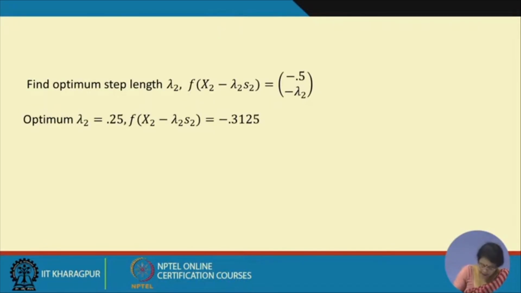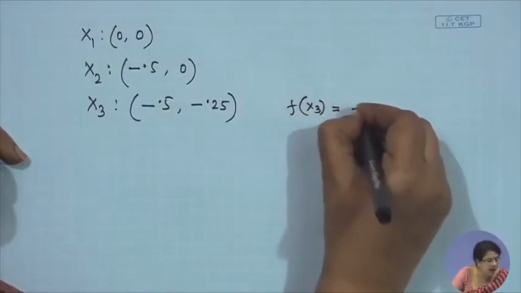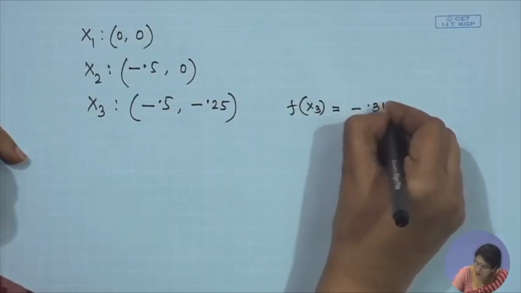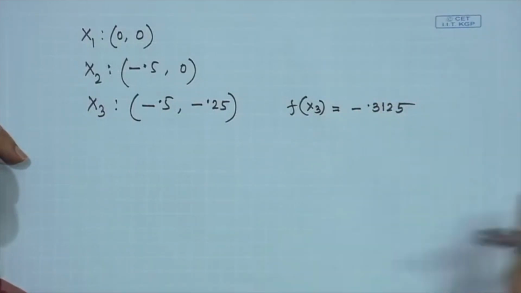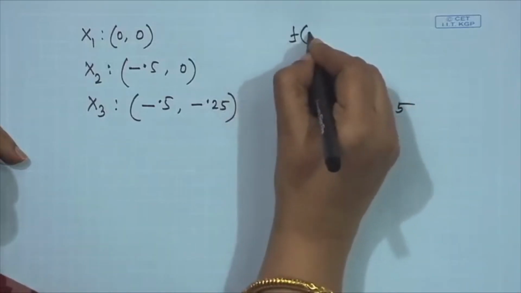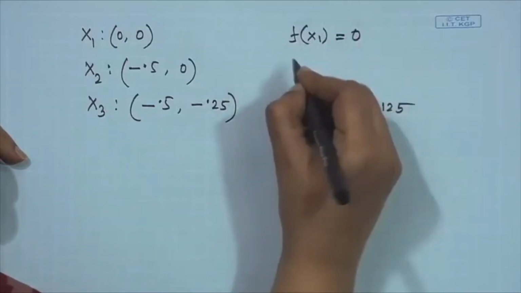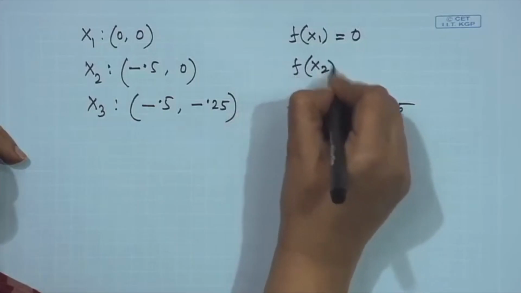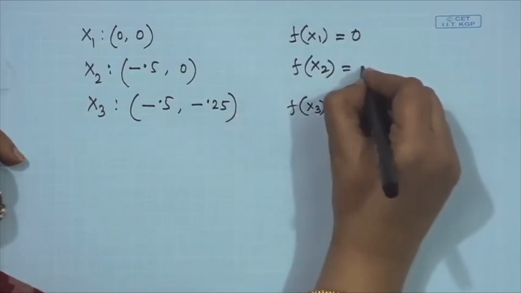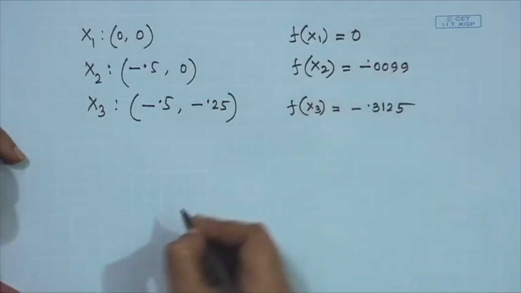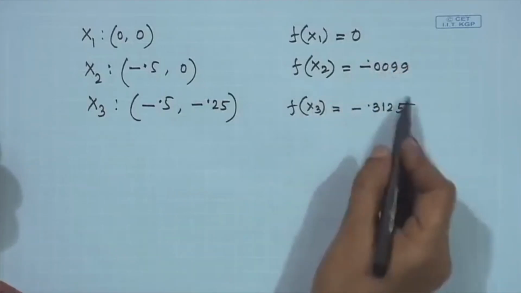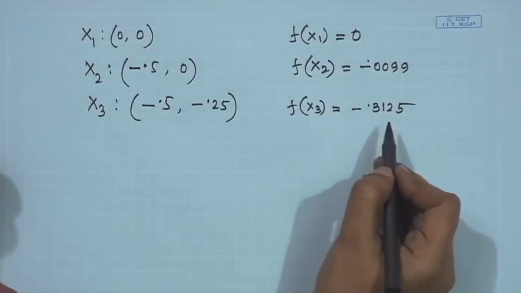The functional value at x3 is coming as minus 0.3125, but previously the functional value was 0.0099 or something like that, and now we are getting a much better value.